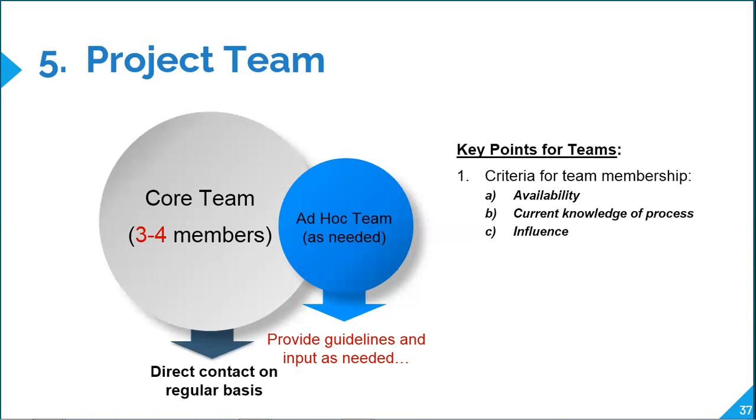Now, the key point for both teams, core team and ad hoc team, is the criteria for team members. How are you going to select the team members? Of course, it's not you as a green belt who selects them. Management will select the team members to deploy this project, and will allocate or assign a few resources, like ground-level individuals or a supervisor, to you so that together you can deploy this project.